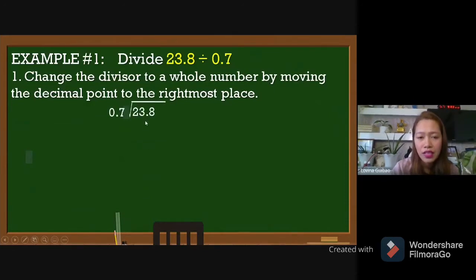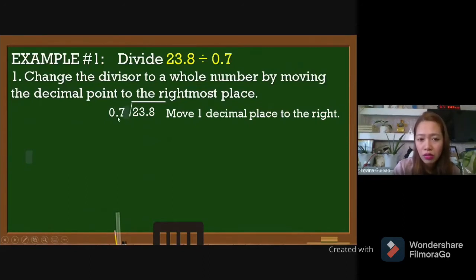Okay, this is our problem, right? 23.8 divided by 0.7. So move one decimal place to the right. Since isa lang, para mag-whole number na siya, mapunta siya sa dulo, isa lang i-move mo. So, lilipat ito dito. Okay? Nandyan na siya. Tatanggalin mo na to. Unang decimal, lilipat na siya dito.